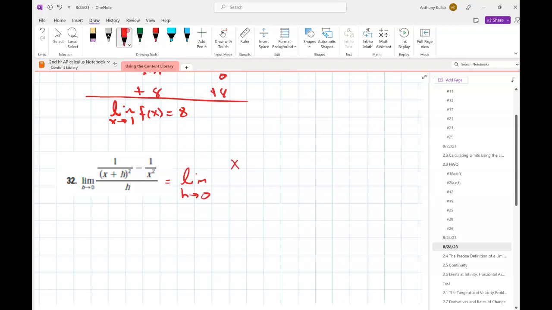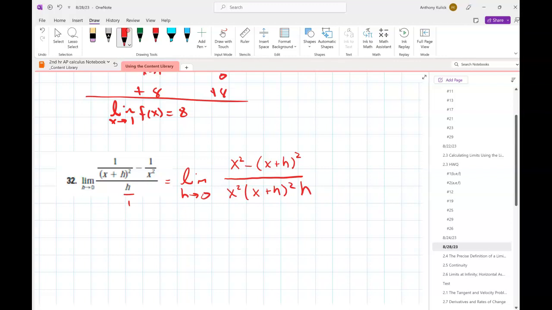Yeah. Okay, so I'm going to have x squared minus quantity x plus h squared over x squared times quantity x plus h squared. And then at the same time, I'm going to think about multiplying by the reciprocal. So I'm also going to get an h down there.